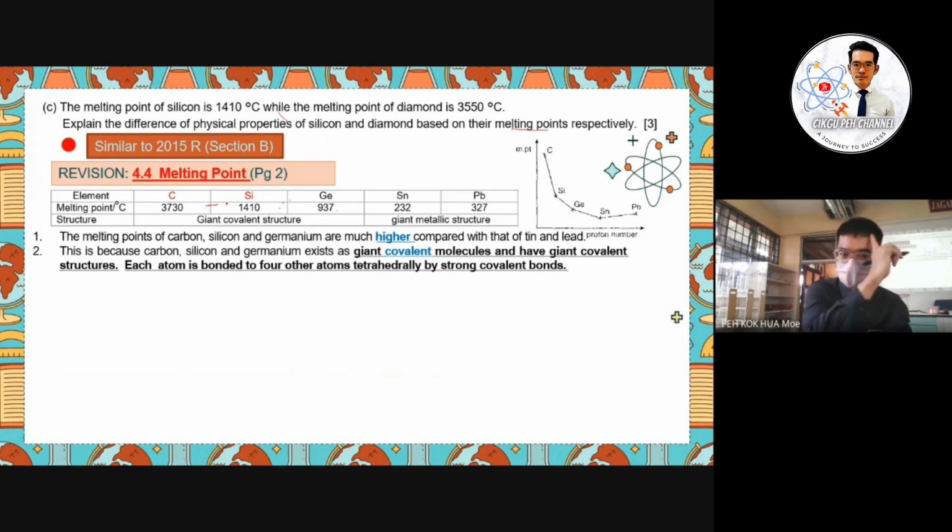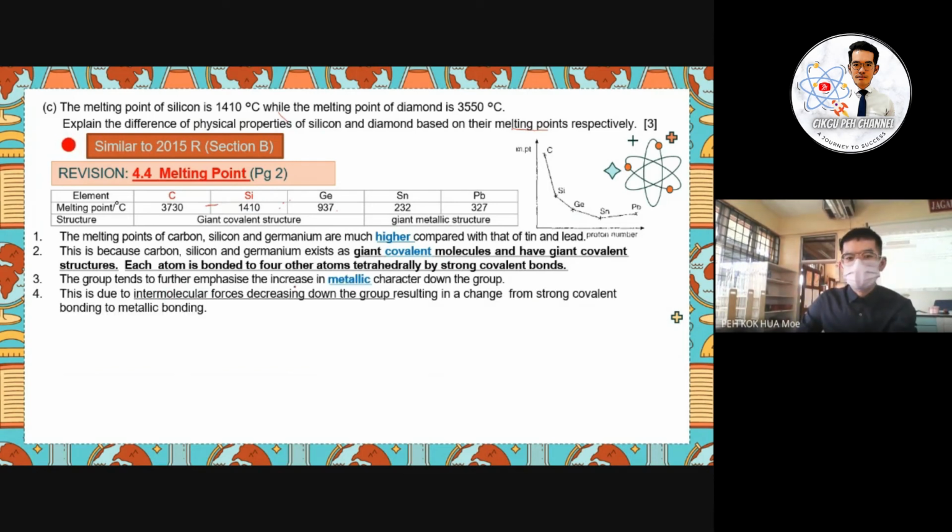But actually both of them are giant covalent structures. Going down the group, there is an increase in the metallic factor, here the lead and the tin. This is due to the forces decreasing down the group, resulting in a change from strong covalent bonding to metallic bonding.